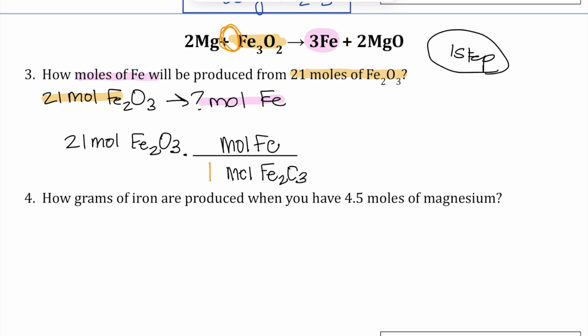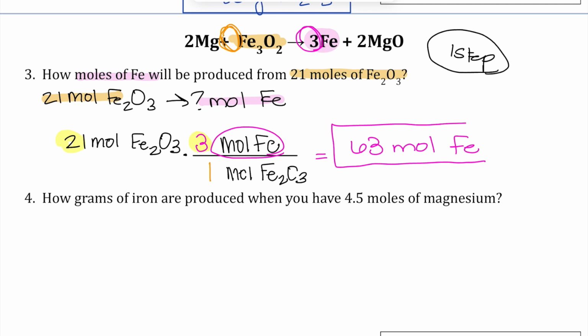I have 1 mole of Fe2O3, I have 3 moles of iron, and so I need to put those values in. 21 times 3, that's going to be 63. And then moles of iron is how much will be produced from our 21 moles of iron oxide.